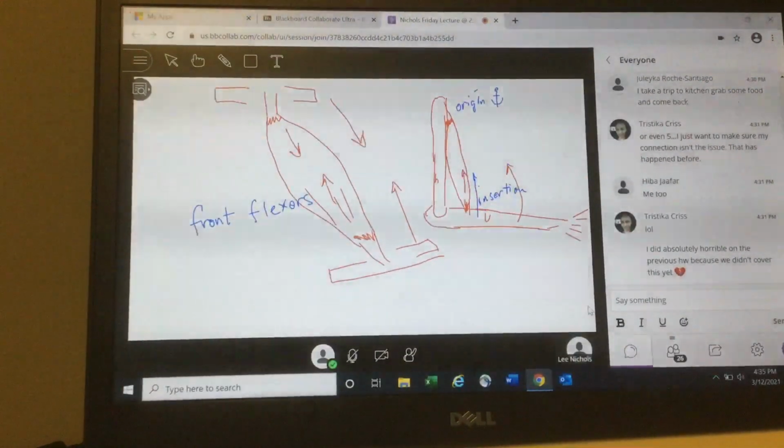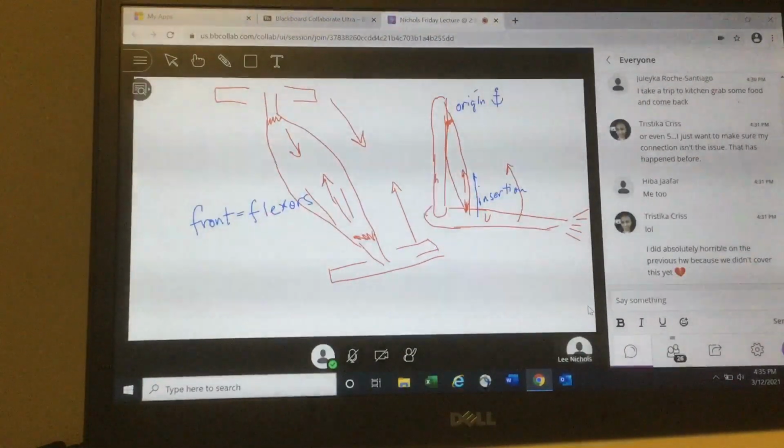I passed this along from my friend Ms. Long, who taught me a little bit about how to teach this better. Most of the muscles on the front of your body, front is not an anatomy word, it's anterior or ventral, are flexors of some kind.